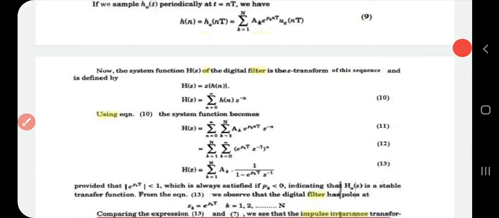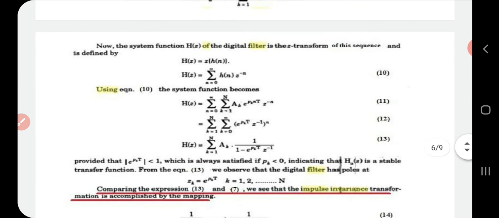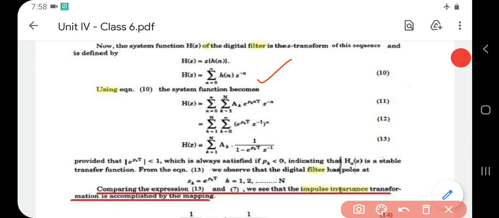Now the system function H(z) of the digital filter is the z transform of this sequence and is defined by this equation. We are taking the summation from n equal to 0 to infinity, numbered as equation 10. So equation 10 will then become the sum over n from 0 to infinity of a_k e raised to p_k nT, raised to minus n. Then again, a_k is assumed to be 1, and z raised to minus n is split up as z raised to minus 1 whole raised to n.